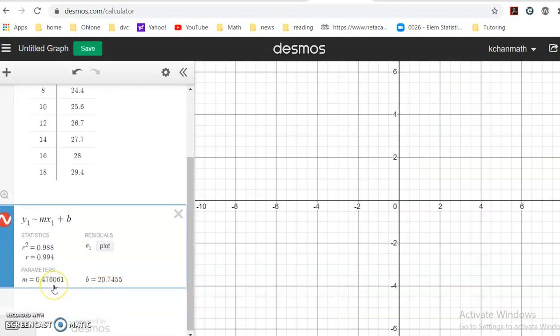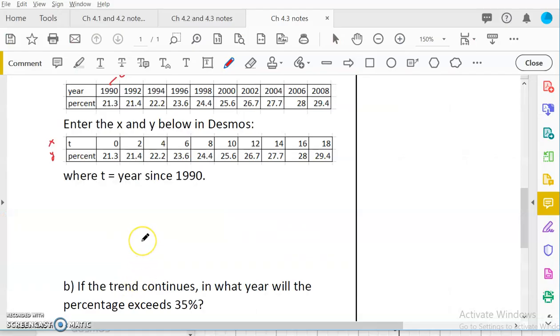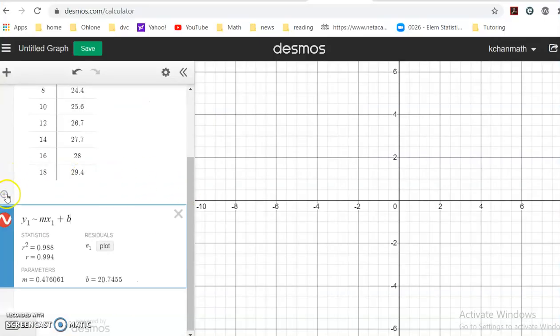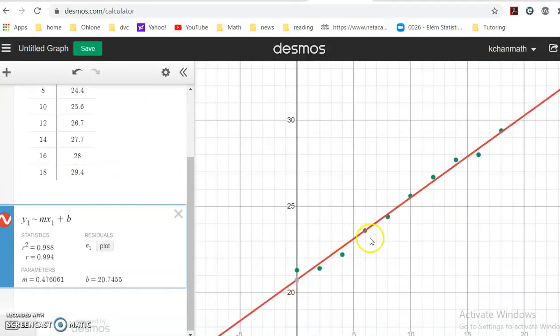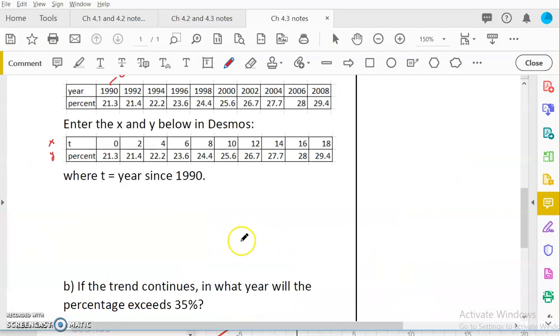And then m is 0.476, and then that one is 20.746. So we would say it is, we didn't look at it. Wow, it's so close. So it is positive, right? Positive correlation. There is a trend, positive correlation.